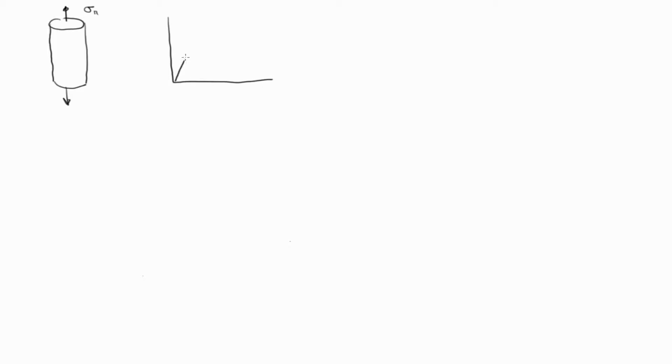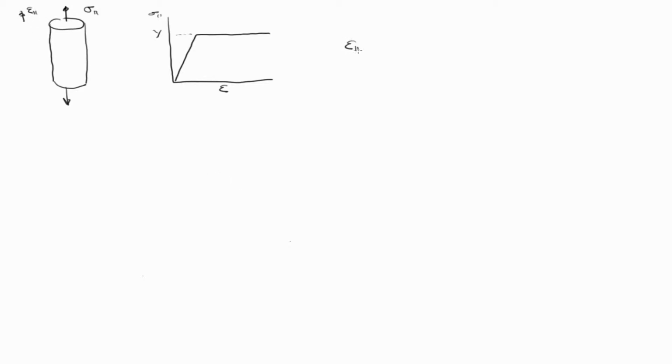And we're going to assume that the material behaves in a perfectly plastic way, so that the sigma 1,1 stress at some point begins to yield. All right, and here we're going to assume that the strain in the 1,1 direction is the boundary condition.